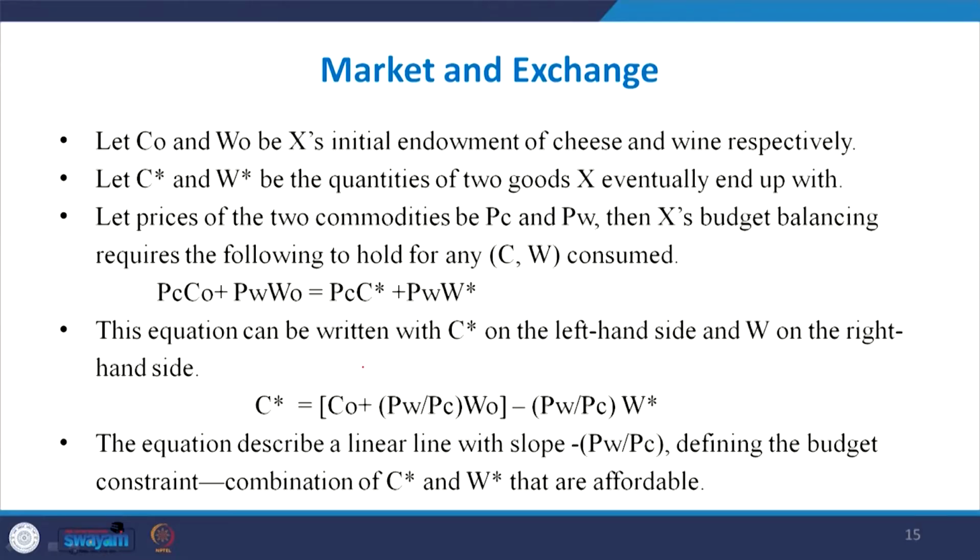Let C0 and W0 be the initial endowment of cheese and wine respectively. Initial endowment means they have these quantities of cheese and wine at the initial level. X is having this quantity. Similarly, you can also see Y's initial endowment.